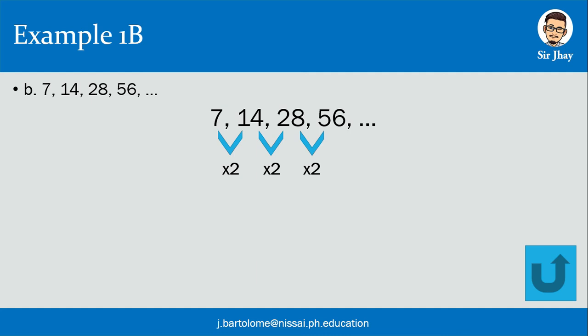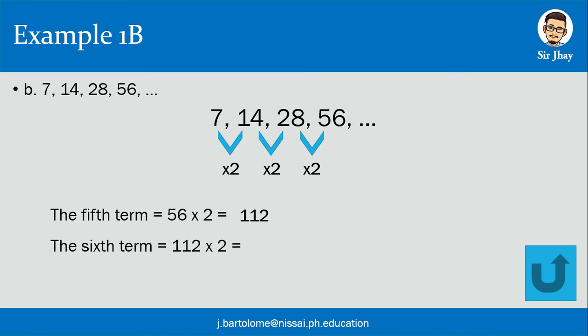Now, let us get the fifth term by multiplying the fourth term by 2. That is 56, the fourth term, times 2, which gives you 112. And the sixth term is the fifth term, 112, times 2, which gives you 224.